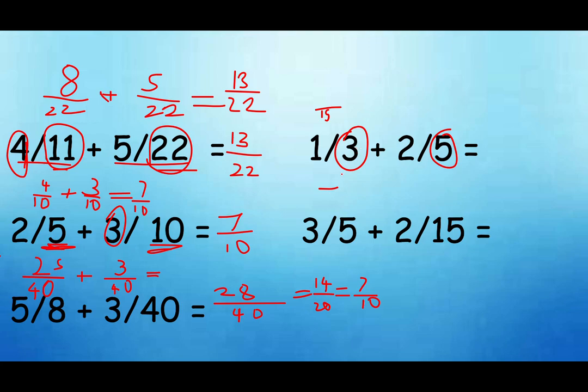So 1 times 5 is 5. 5 times 3 is 15. 2 times 3 is 6. So 5 15ths add 6 15ths equals 11 15ths.